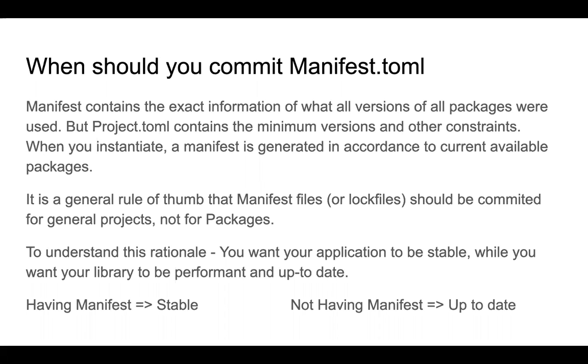But Project.toml only has its own upsides too. You will always have the packages you require up to date. Suppose you have written that you want OrdinaryDiffEq 5.4 at minimum, but 5.5 added a patch that speeds up computation by 10x.